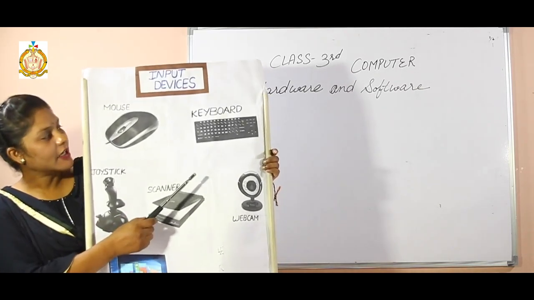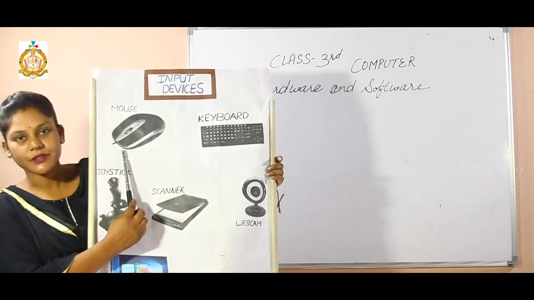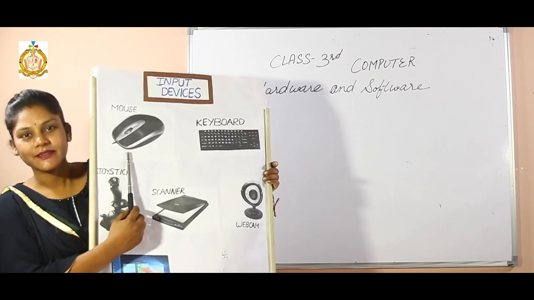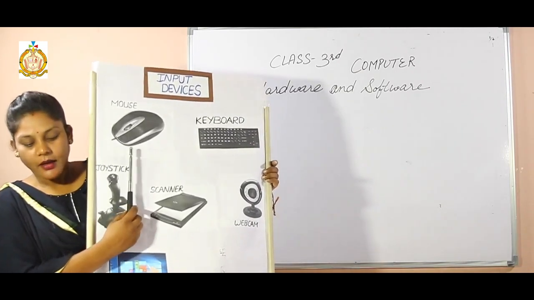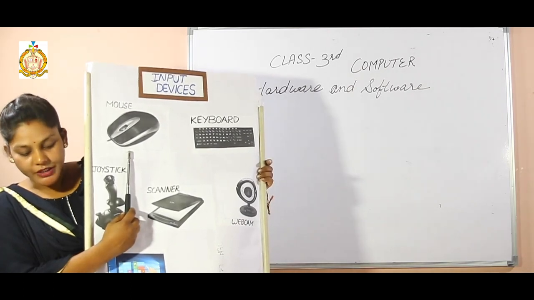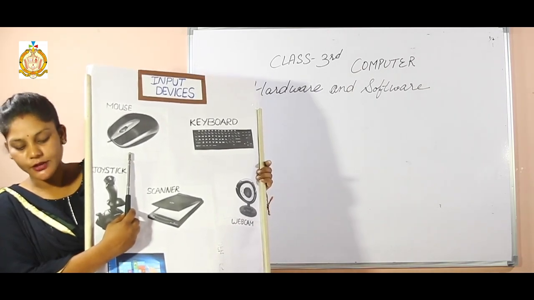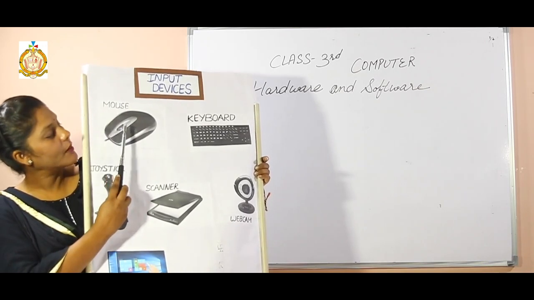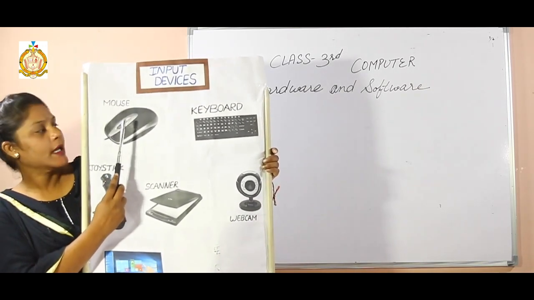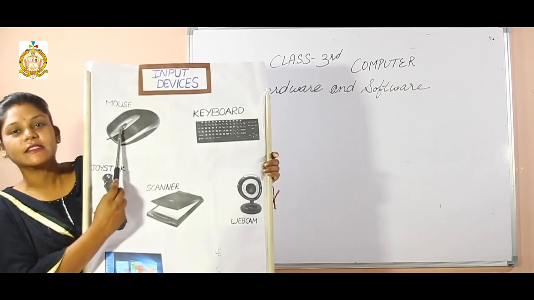So our next input device is mouse. That is also called a pointing device. Students, it is used to draw pictures and select objects. The top of the mouse has 2 buttons, one on this side, another on this side, and in the middle there is a scroll wheel.